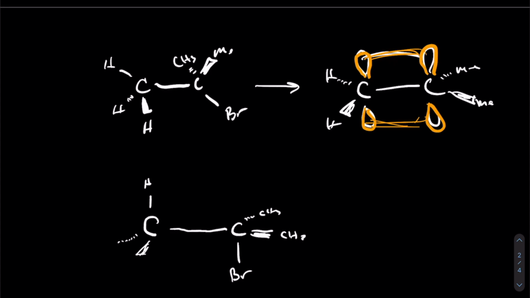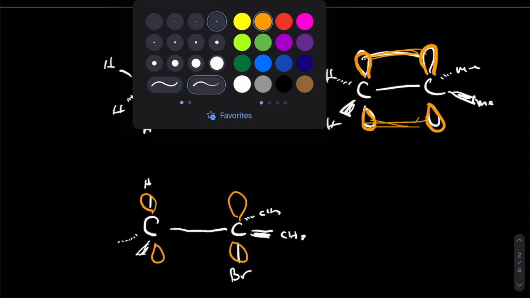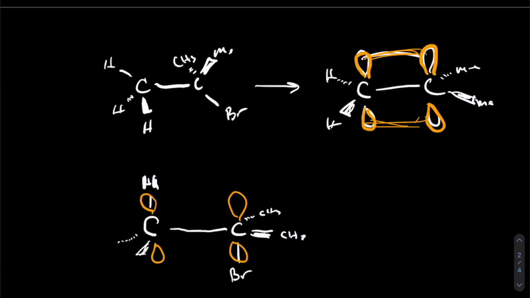And that's got to form, which means that if you're going to form your pi orbitals, you're going to start looking at, okay, so this is going to be one of those lobes, and this is going to be one of those lobes. So in order for these to be forming at the same time, the proton that you're going to be pulling off has to be 180 degrees away from the leaving group.